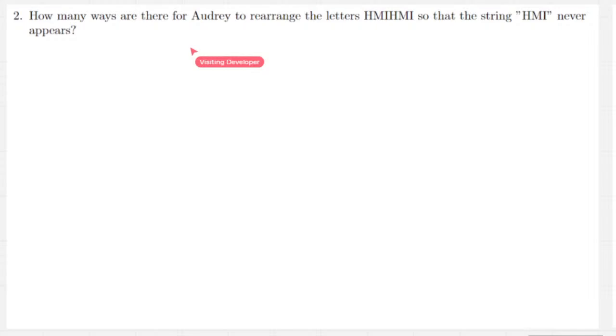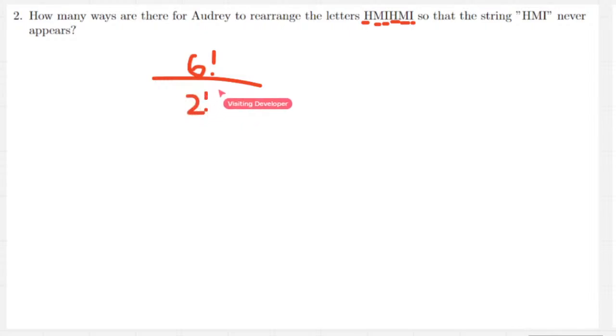So first we can find the total number of ways to rearrange the letters of HMIHMI. Since we have 2 H's, 2 M's, and 2 I's, essentially the total number of ways to rearrange the letters of this string is 6 factorial since we have 6 total letters, and then divided by 2 factorial cubed, since there are 2 factorial ways to rearrange H, M, and I.